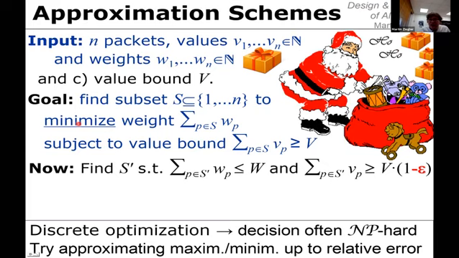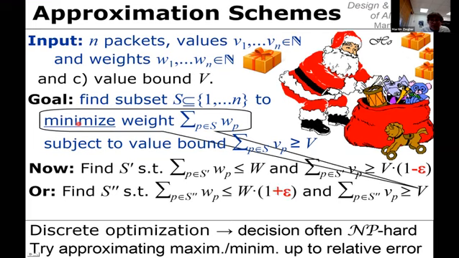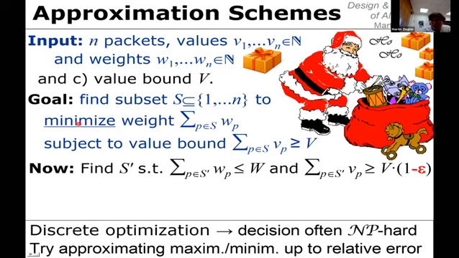Okay, and we're going to take both perspectives during our algorithm design. So for the purpose of optimization approximation, we cannot approximate decision problems. That doesn't make sense, right?